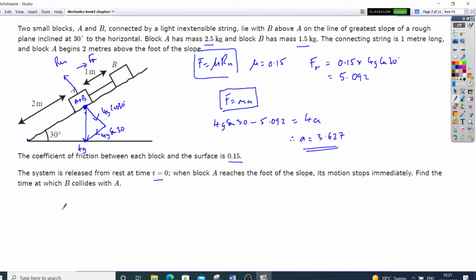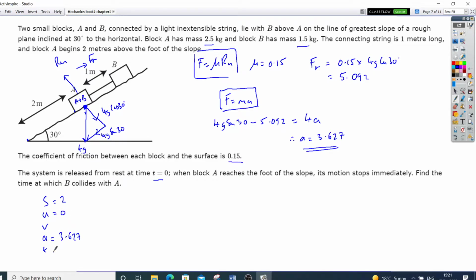So SUVAT, we can use SUVAT as it's just constant force. So SUVAT: it's released at time equals 0. So displacement is 2 meters, and acceleration is 3.627. The system is released from rest, so initial velocity is 0.